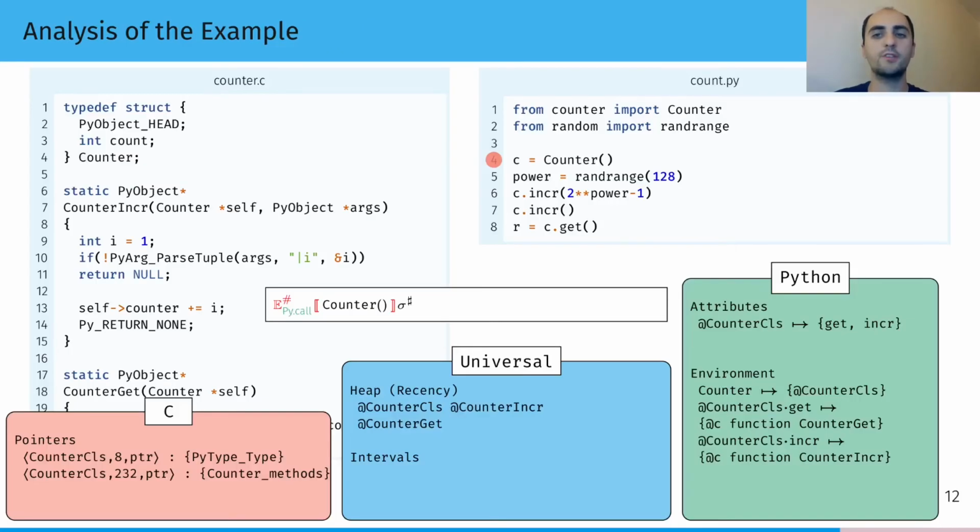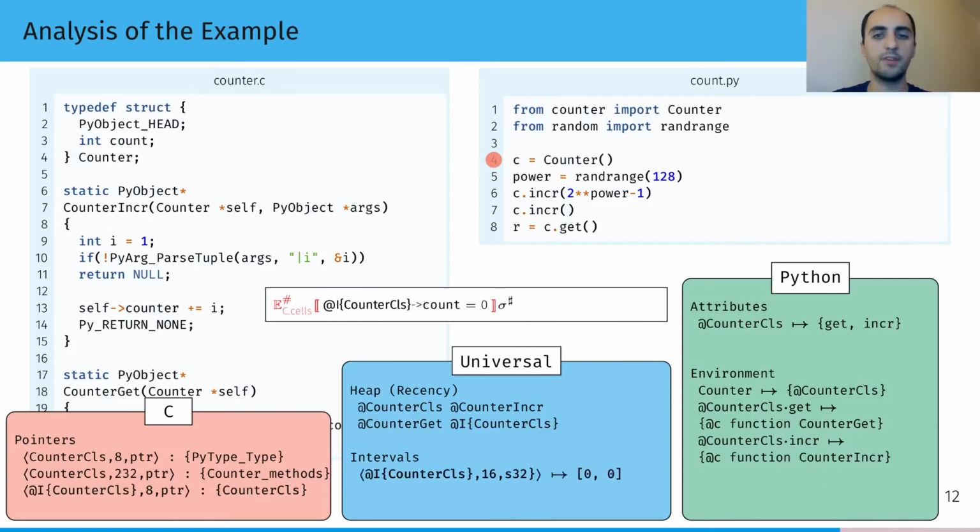Let us illustrate this sharing on our running example. During the counter instantiation, at line 4 here, we will end up initializing its count field with 0. So we perform quite a few abstract evaluations here and perform this assignment in the end. So this is stored in the interval domain here, and similarly, the value of the power variable at line 5 will also be stored in the same domain here.